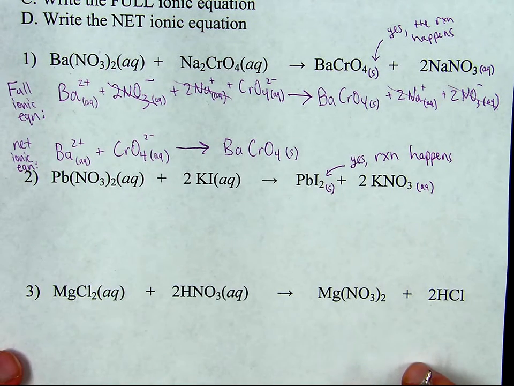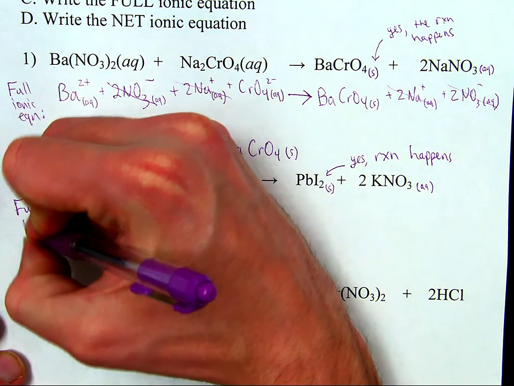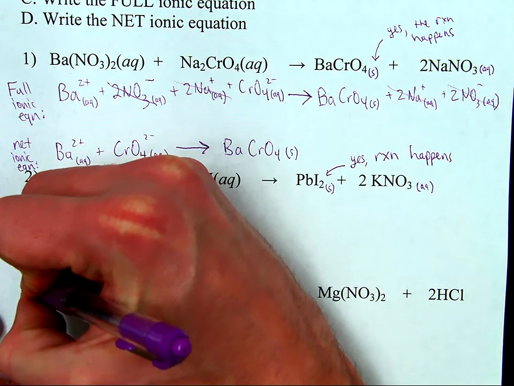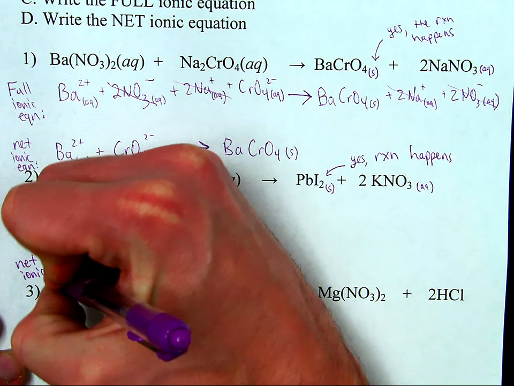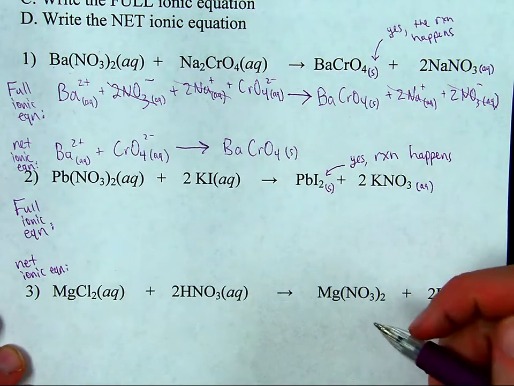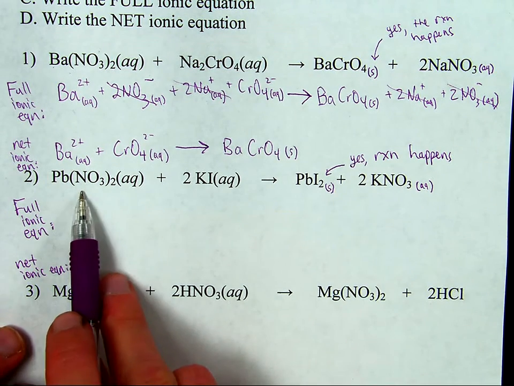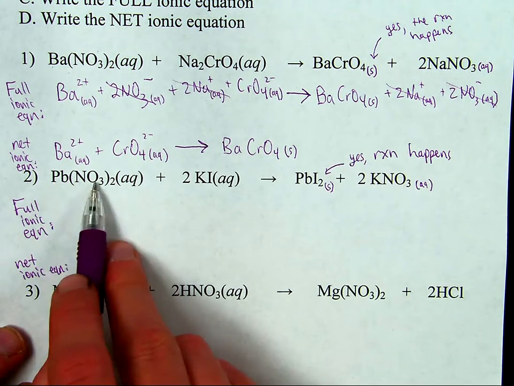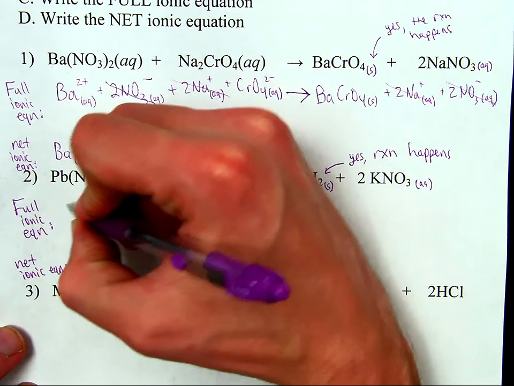Alright, so full ionic equation and net ionic equation. So, again, all the aqueous things get split into ions, all the non-aqueous things don't. So, lead's got a charge of 2 because it's paired with 2 nitrates, so here we go.